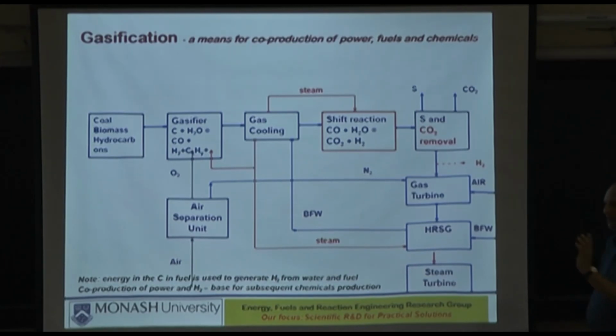Because the carbon is going towards CO2, not towards CO. So, technically, you will be better off to run the gasifier at lower temperature, so that CO is maximized and the reaction does not need much heat. But the thing then is, if you run it at too low a temperature, a lot of the carbon will remain unconverted. So, there is a balance.